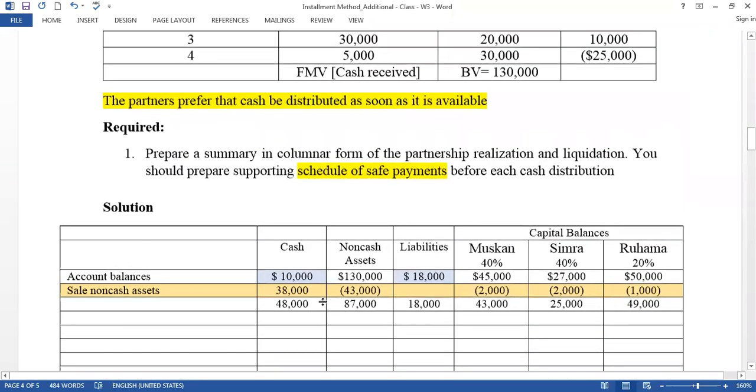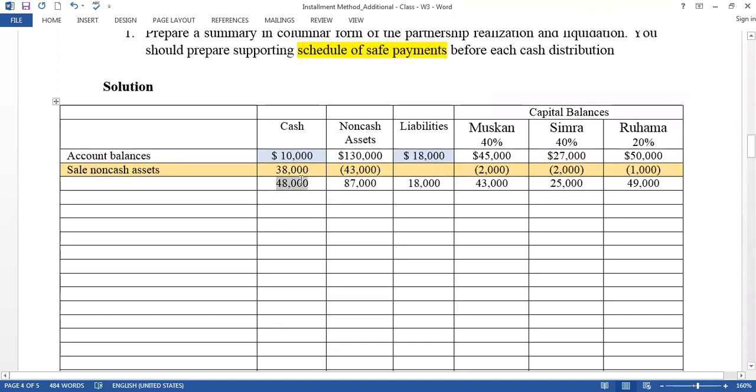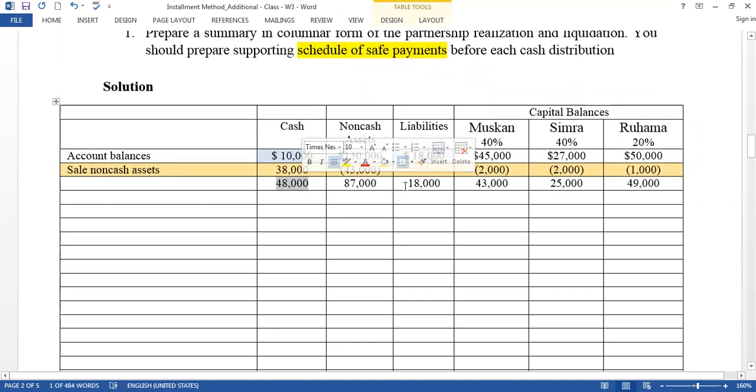So this is the journal entry for here. So we now have cash $48,000, and now our liabilities are $18,000. That means we now have enough cash to pay the liabilities.